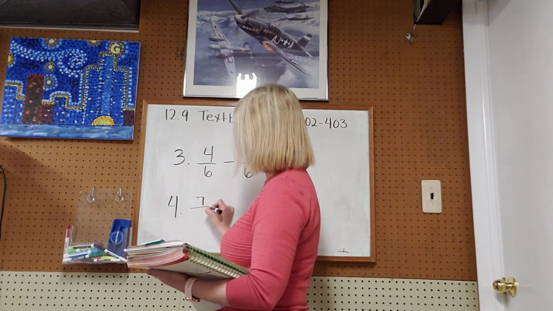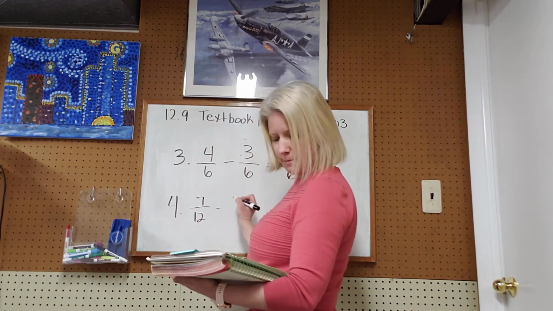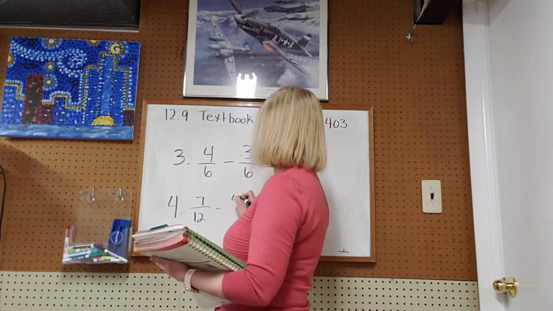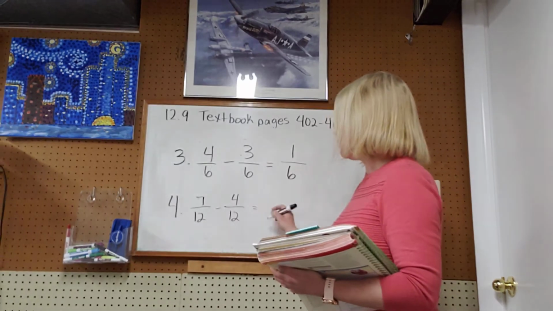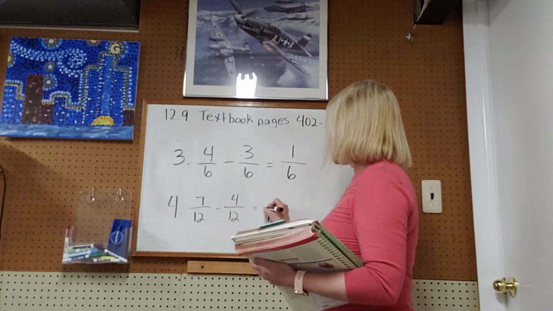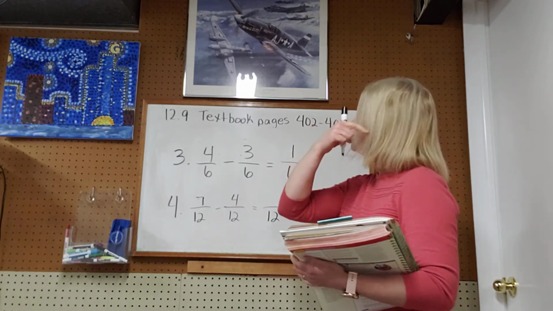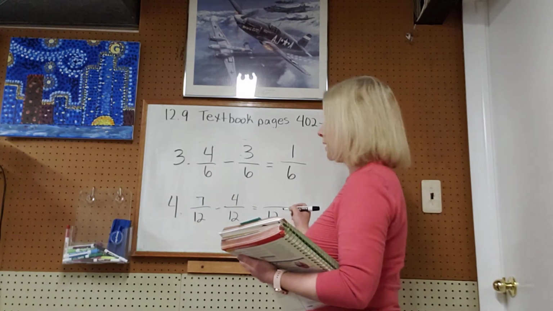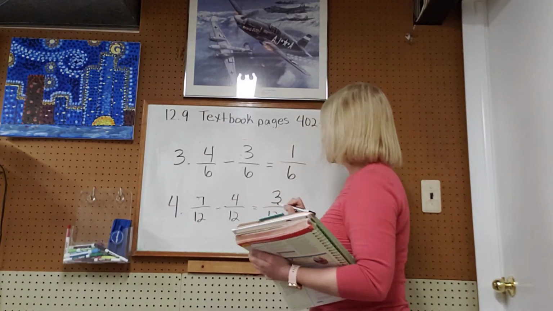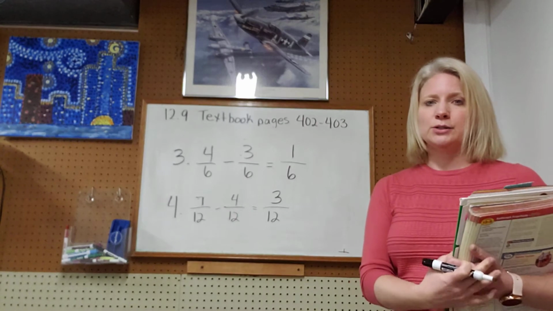7/12 minus 4/12. Okay, let's carry over our denominator and subtract our numerators. 7 minus 4 equals 3. 3/12. Now let's think about those factors.